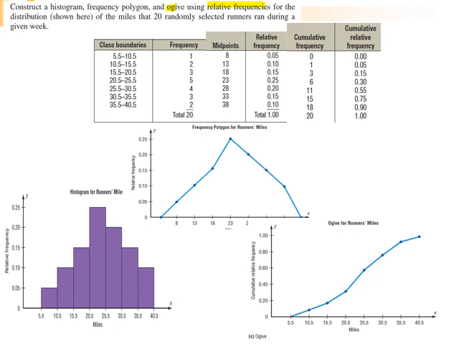We have the class boundaries here, beginning from the first class from 5.5 up to 10.5, and 10.5 up to 15.5 and so on, and each class frequency represented for each class. So the requirement is using their relative frequency.